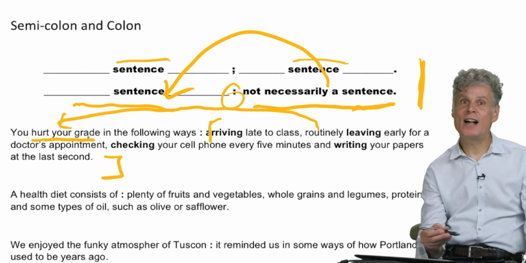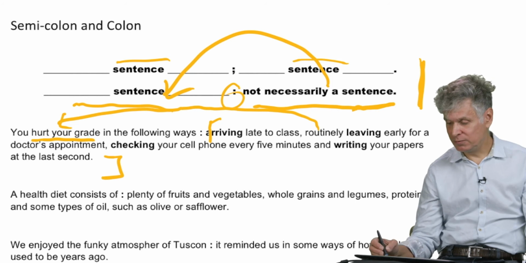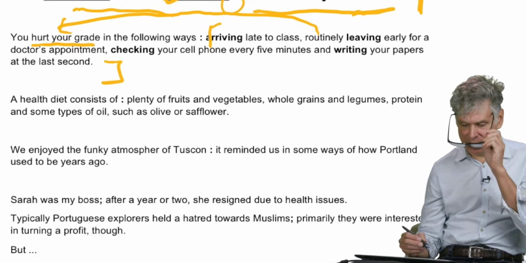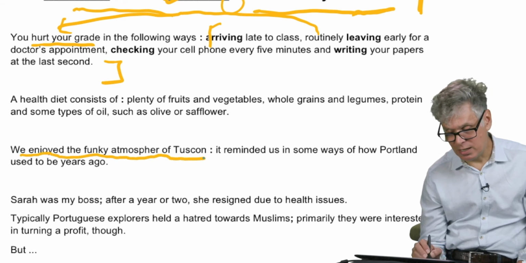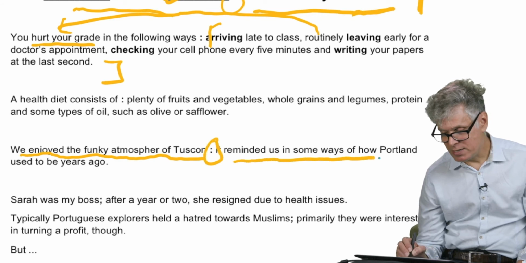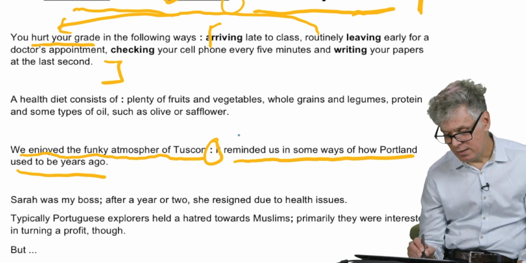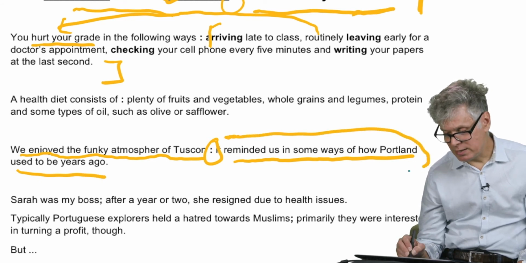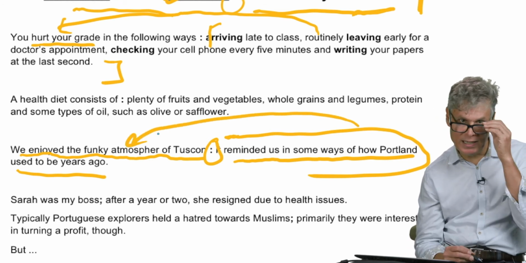And I'd like you to try doing this next thing because it's really super cool. So in this third example, we enjoyed the funky atmosphere of Tucson: it reminded us in some ways of how Portland used to be years ago. This thing that happens after tells you more about the funky atmosphere.